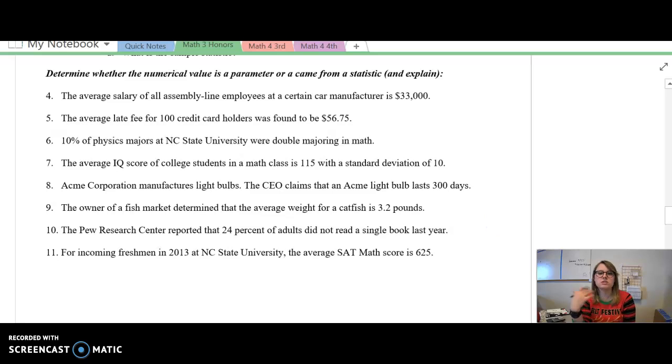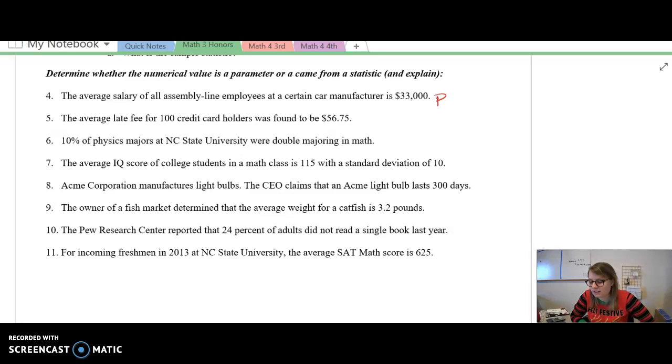So now we're going to use this information to determine whether a value is a parameter or it is a statistic. So, the average salary of all assembly line employees at a certain car manufacturer is $33,000. This is a parameter because the population is the car manufacturer, and they can easily get that information about their employees because they have it on hand.